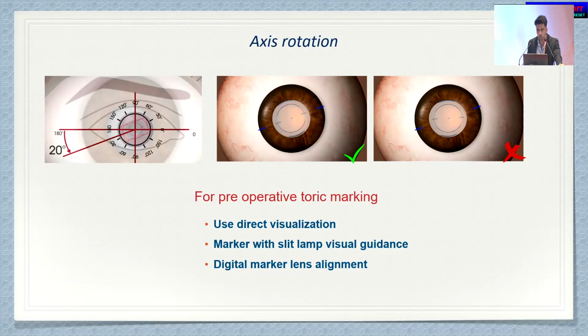Axis rotation, you have basically preoperative marking. You can obviously do the marking with the digital or the manual markers. You can also use the slit lamp visualization models or the digital markers, whichever way you want, to ensure that you can get the axis right in these scenarios.